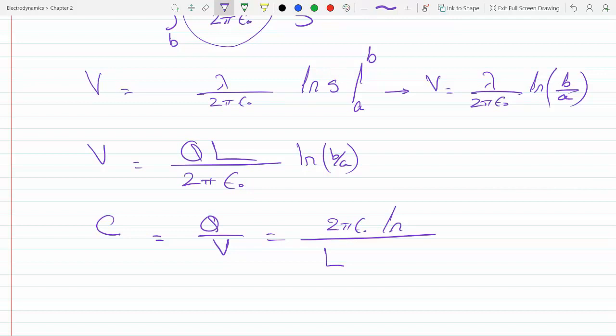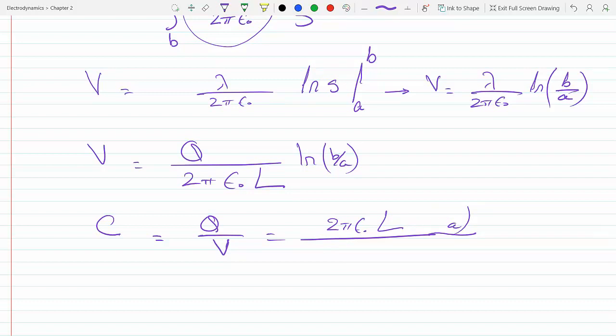Wait, sorry, I messed up. Lambda is Q over L, not Q times L. Q over L, so the L goes here. Okay, and now just make the ratio. So this is 2 pi epsilon L, and ln B over A is on the bottom.